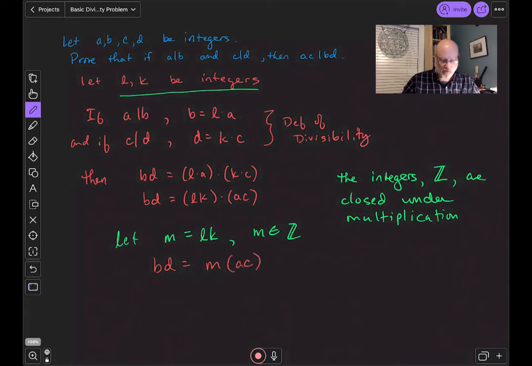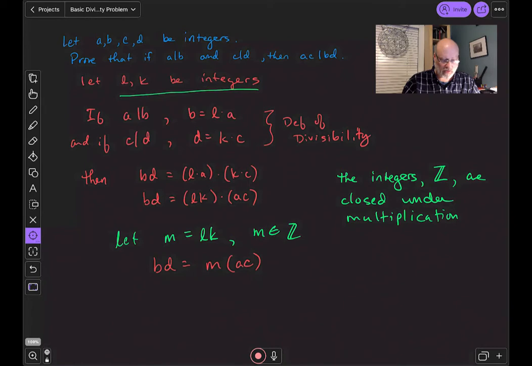But now, if you look back at what we did up here, where A divides B means B equals some integer times A, and C divides D means D equals some integer times C, here I have BD equals some integer times AC.